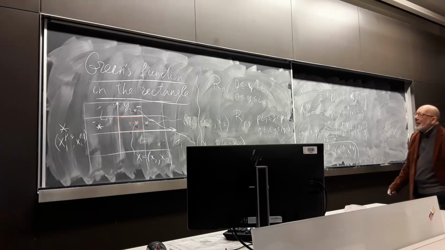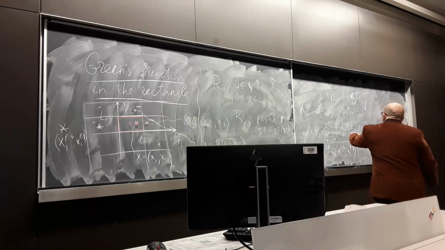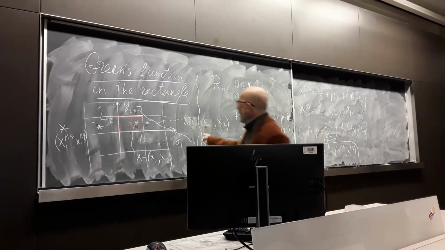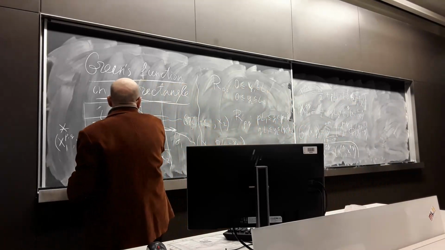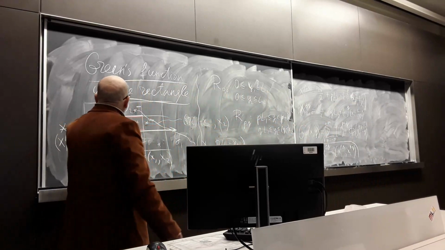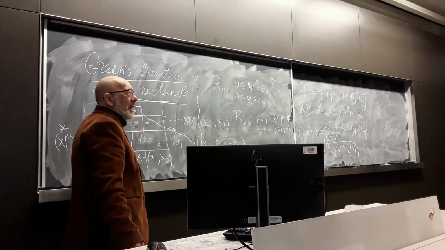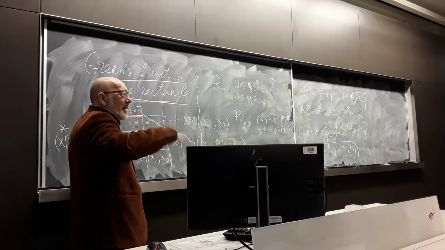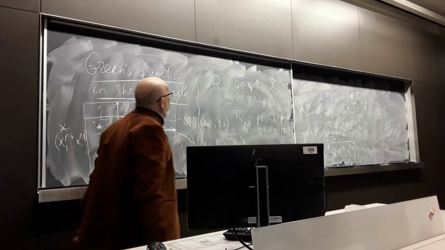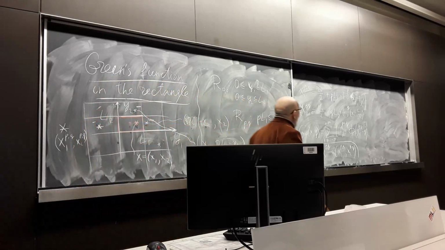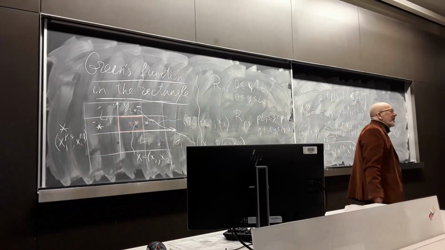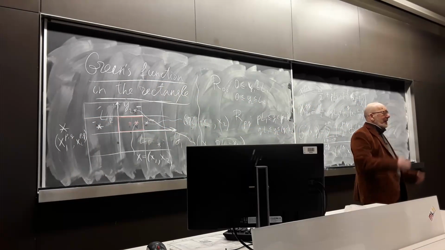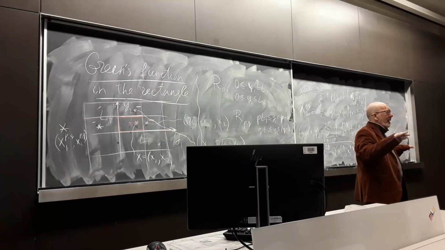But because here we have different signs, from here comes a logarithm with one sign, from here immediately one with the other sign. So the logarithms' values cancel one another. But next come derivatives. A derivative of order 1 over r.